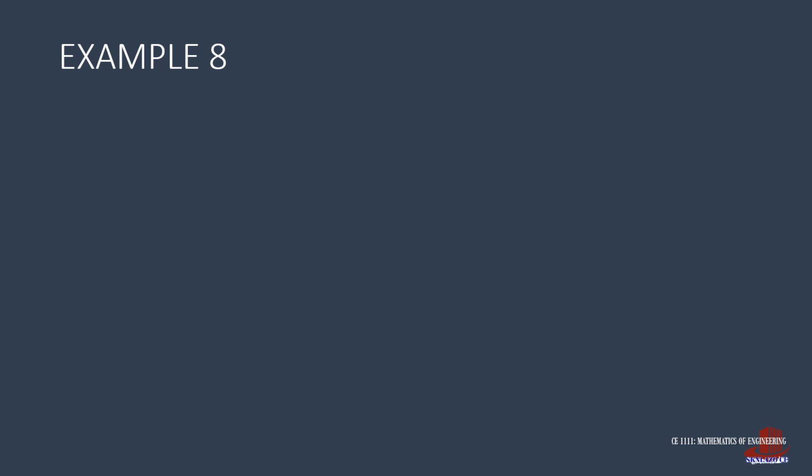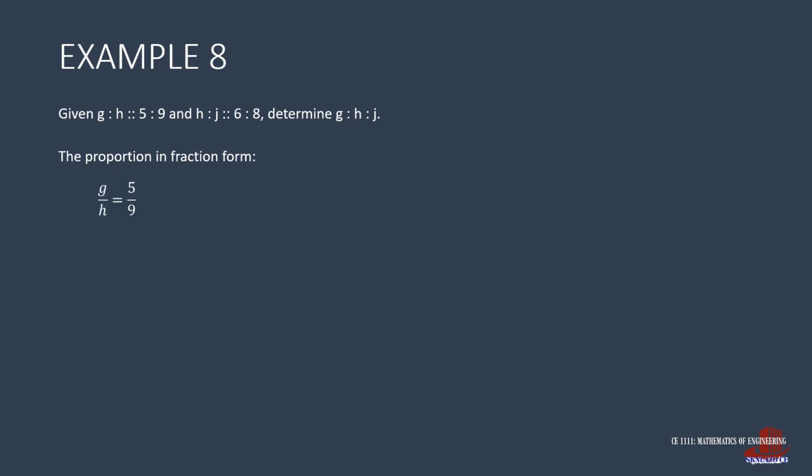Example 8 has g is to h as 5 is to 9, and the other proportion is h is to j as 6 is to 8. The task is to determine g is to h is to j. First is to write the proportions into their fraction form. So we have g over h equal to 5 over 9. Then the other is h over j, which is equal to 6 over 8.